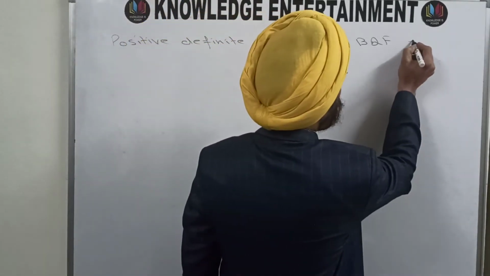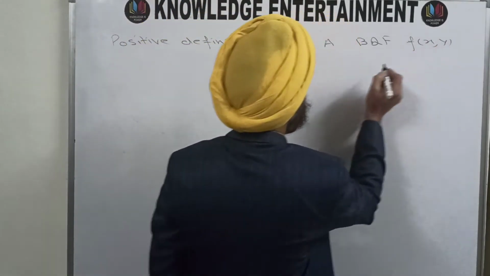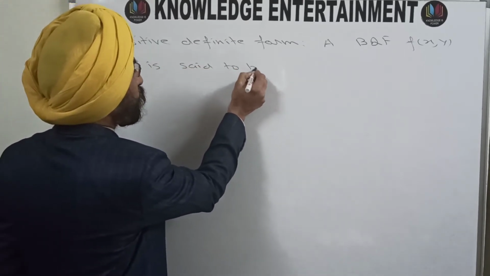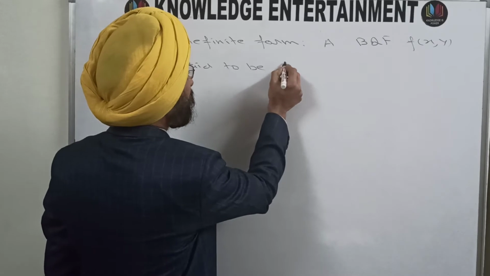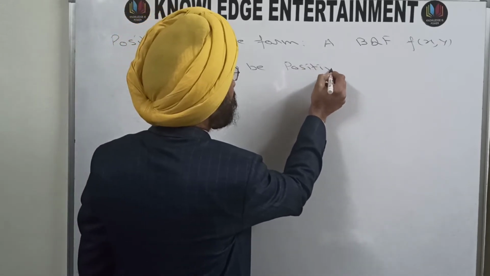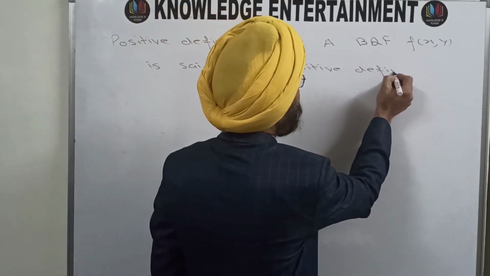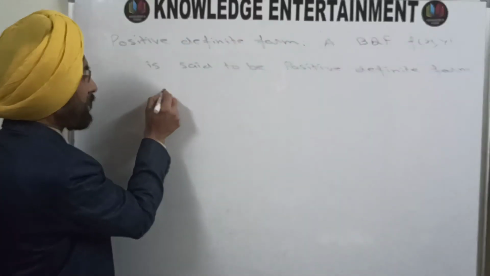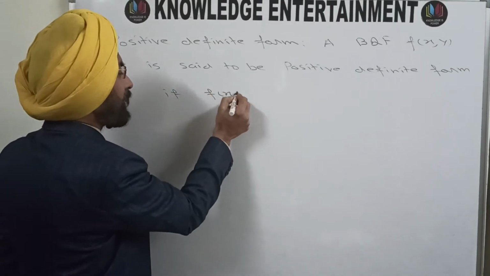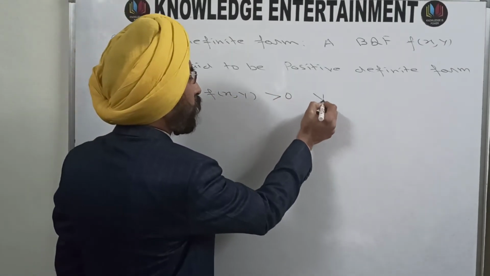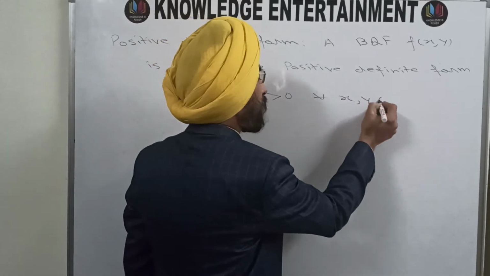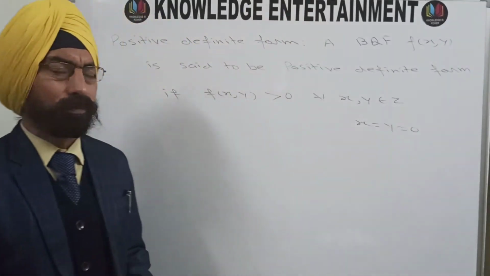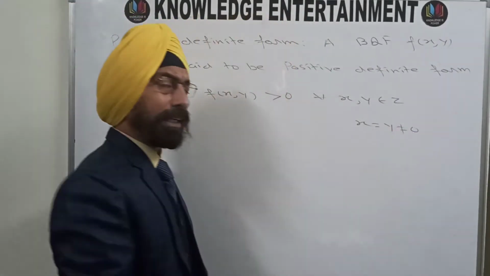A binary quadratic form f(x,y) is said to be positive definite form if f(x,y) is greater than 0 for all x, y belonging to Z, with the condition that x and y both should not be 0.